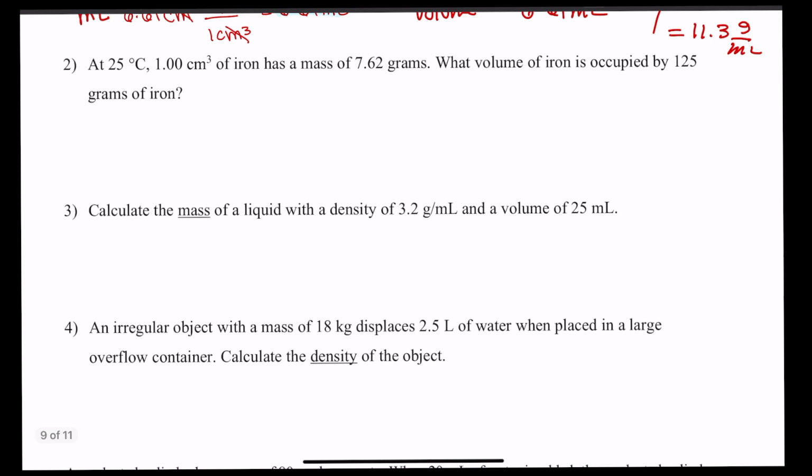Moving on to question number 2, it says at 25 Celsius, 1.00 centimeters cubed of iron has a mass of 7.62 grams. What is the volume of iron occupied by 125 grams of iron? So we're trying to find the volume. Okay.